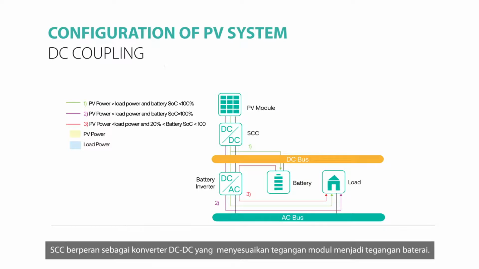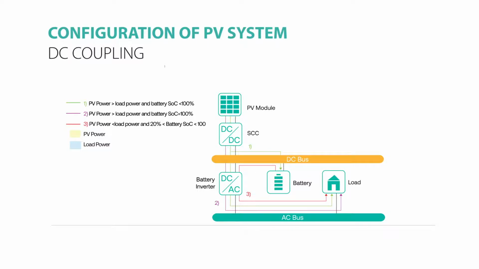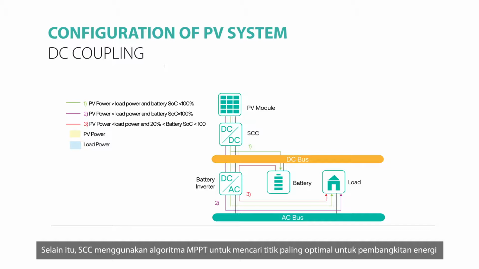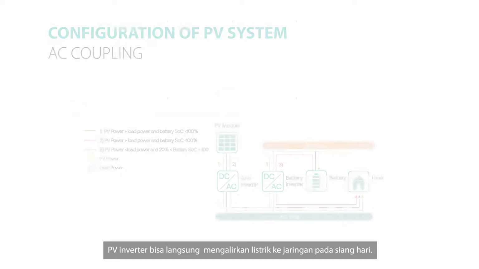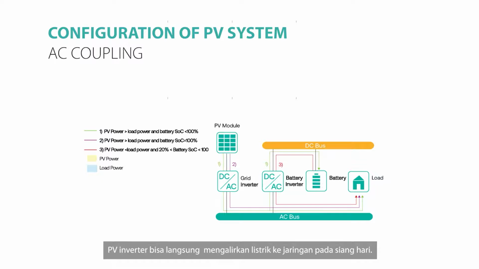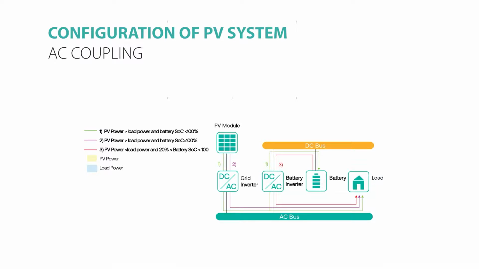SCC acts as a DC-DC converter that will level the PV module's voltage to the battery voltage level. In addition, SCC uses MPPT algorithm to track the most optimum point with respect to the PV power curve for energy generation. PV inverter can directly inject current into the grid during sunny day.